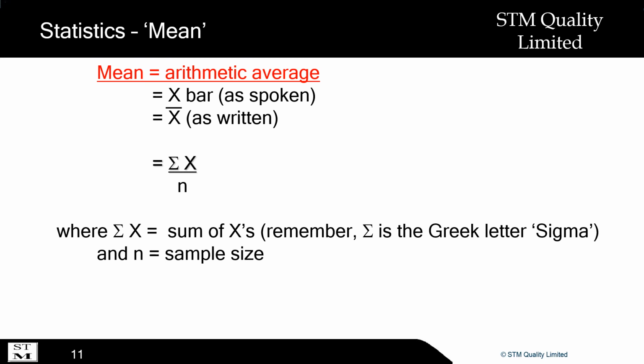Mean is equal to the arithmetic average, which we call x bar, and is written as an x with a line above it, and that's equal to sigma x divided by n, where sigma is equal to the sum of x's and n is equal to the sample size.